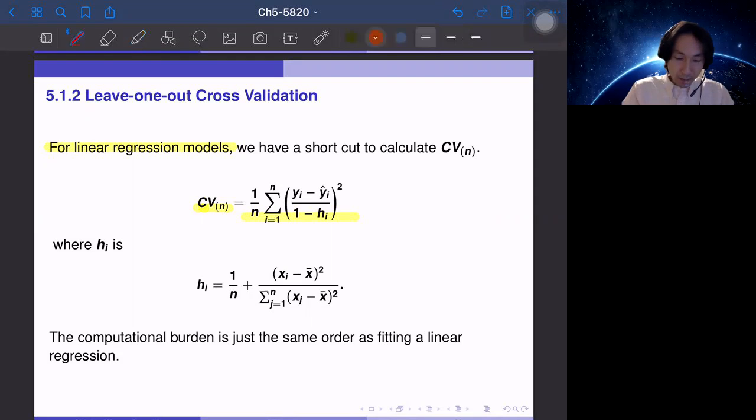Here, yi hat is the predicted yi, where the model was estimated by all observations.